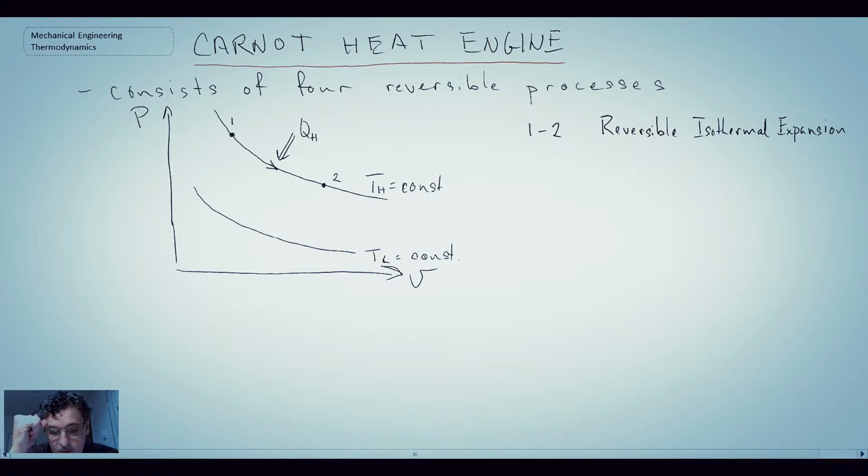The next step in the Carnot heat engine is a reversible adiabatic expansion. And that on our cycle, or on our diagram, would look like this. And that takes us to state 3. So we can say process 2 to 3.